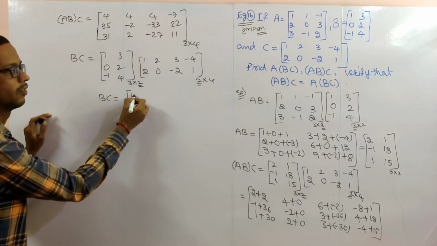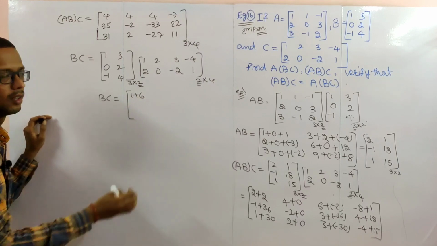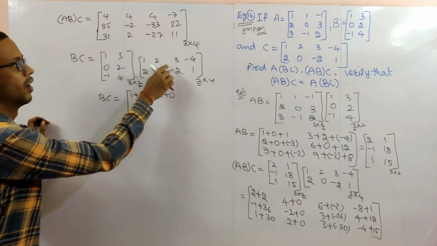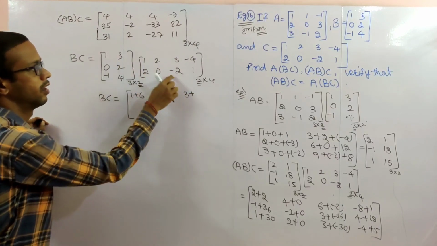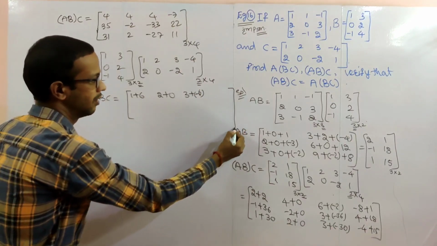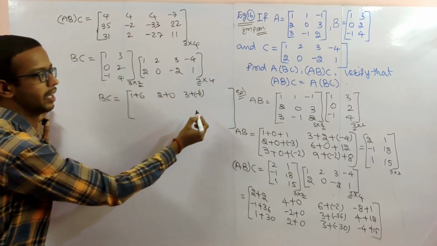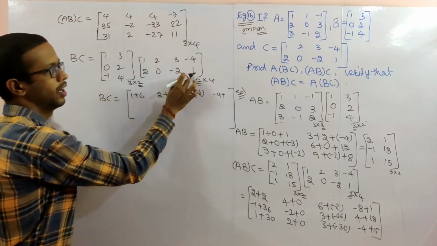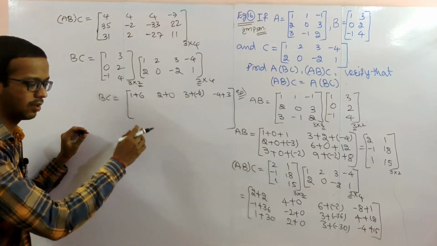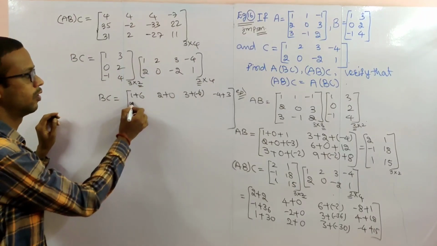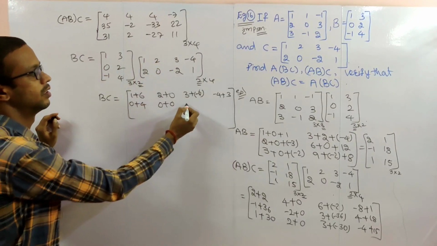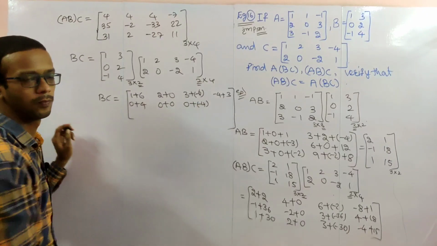1 into 1 is 1 plus 3 into 2 is 6. Next 1 into 2 is 2 plus 3 into 0 is 0. 1 into 3 is 3 plus 3 into minus 2 is minus 6. Next, last element 1 into minus 4 plus 3 into 1 is 3. Similar way we have to make the total simplification here. 0 into 1 is 0 plus 2 twos are 4. 0 into 0 is 0 plus 0, 0 plus minus 4.